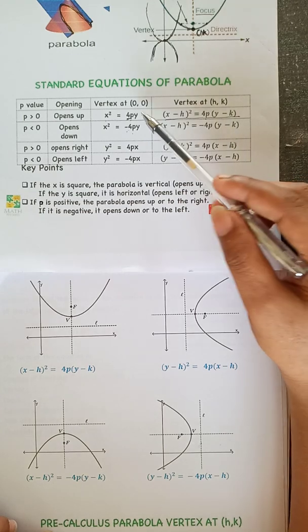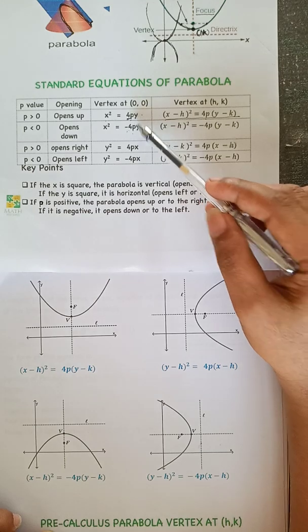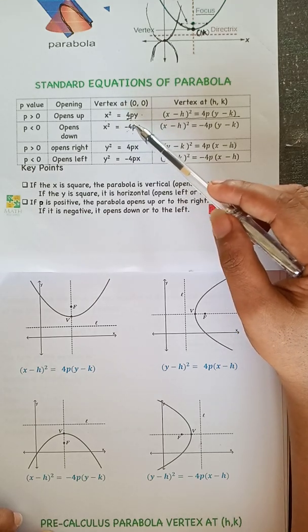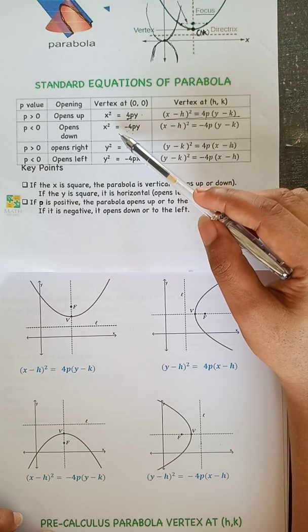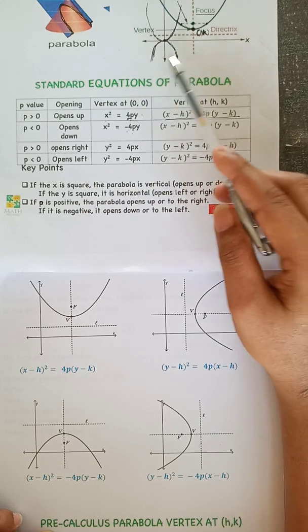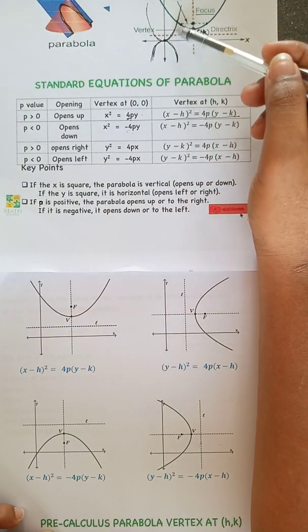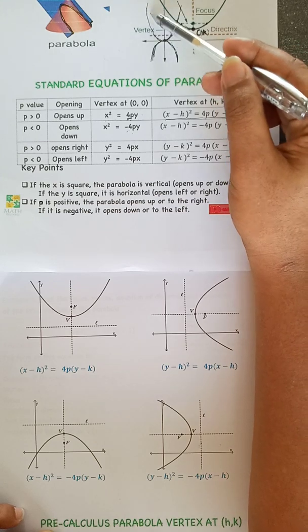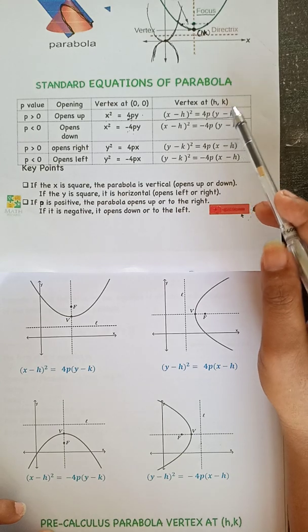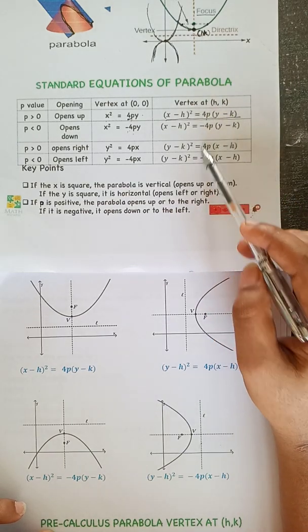So if the vertex is at 0, 0 or point of origin, this will be the formula: x squared equals 4py and x squared equals negative 4py. So mao ni siya ang graph. And if the vertex is at h and k, which is away from the point of origin, this will be the formula.